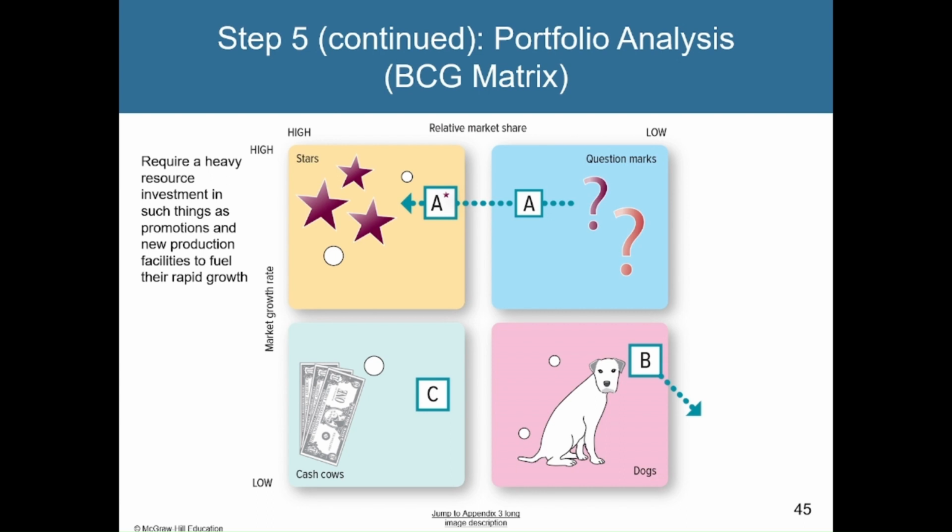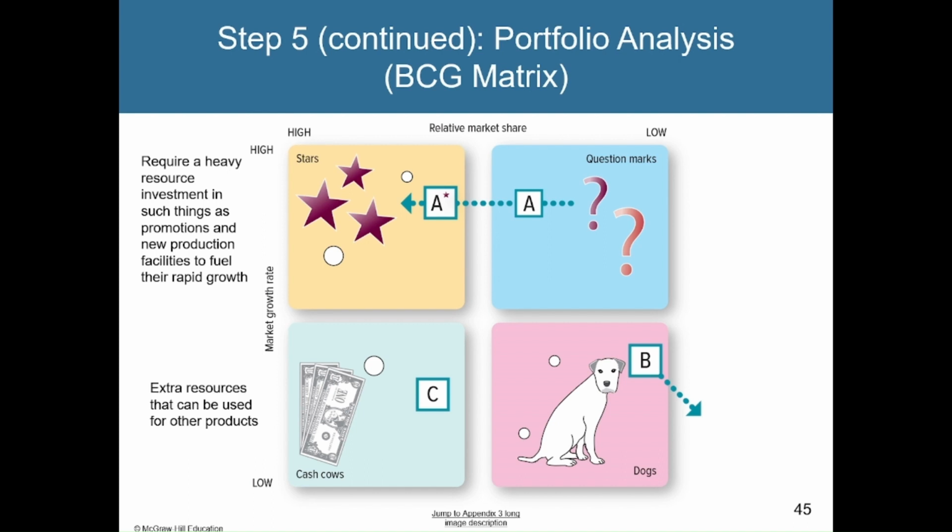The first category is stars. Products categorized in this quadrant occur in a high growth market and are high market share products. Stars often require a heavy resource investment in things such as promotions and production so that it can fuel their rapid growth.